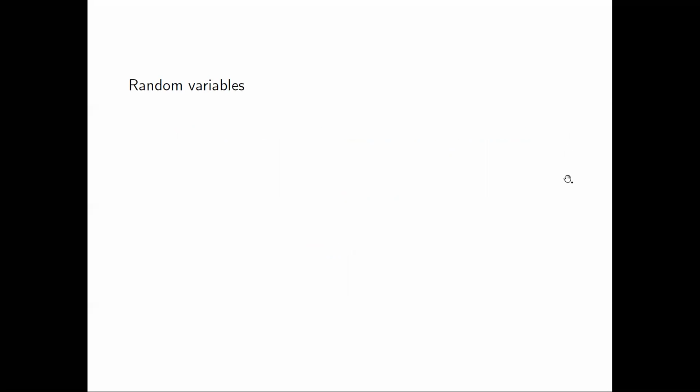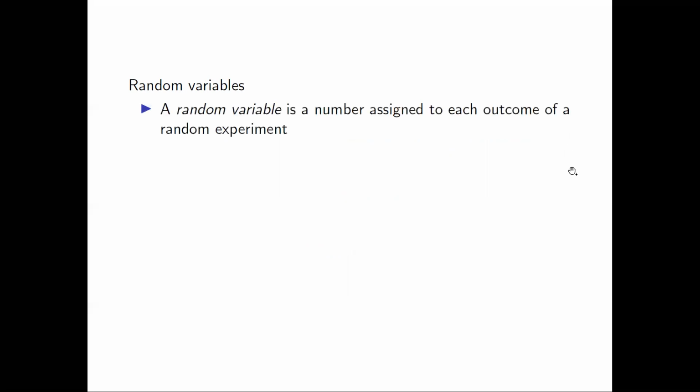So to start with, let's look at what is a random variable. A random variable is a number that's assigned to each outcome of a random experiment. So let's look at some examples of random variables.